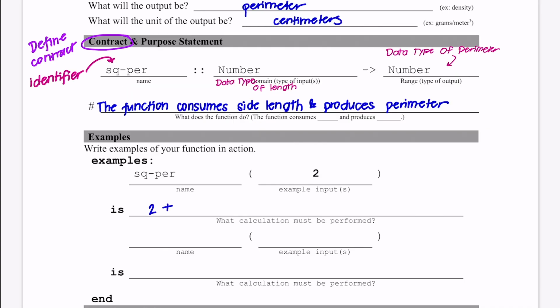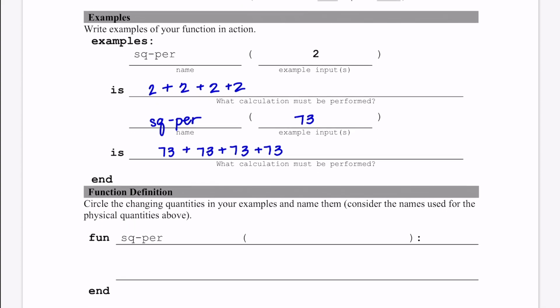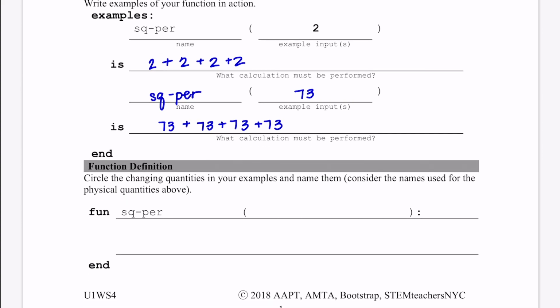So SQ per of 2 is going to be 2 plus 2 plus 2 plus 2, right? We don't want to write just the answer. We want to show Pyret how we're calculating it. And now for the example, we could choose any number. So I'm going to go ahead and choose 73. So plus 73 plus 73 plus 73. So I'm basically telling Pyret, whatever the input is, I want you to add it 4 times.